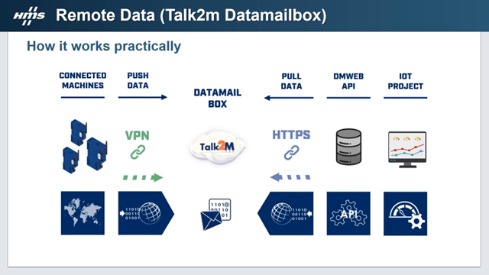The E1s on the left side push the data from the machine network to a Talk2M data mailbox using the same VPN connection as we use for remote access. No worries, pushing data and connecting remotely can be done at the same time. The data mailbox acts as a temporary buffer where it collects and buffers data from multiple E1s in the JSON data format.